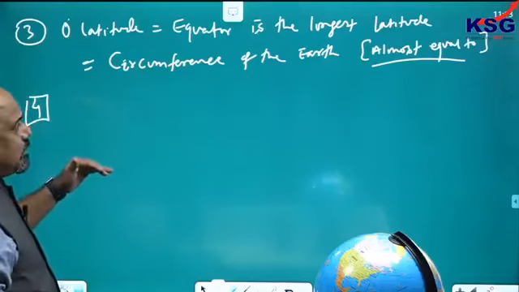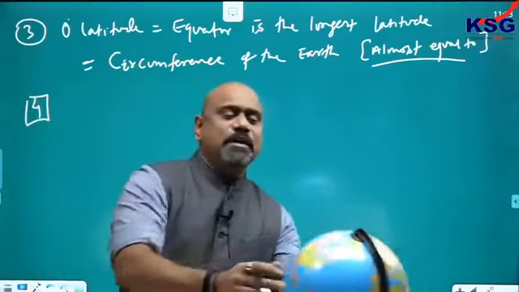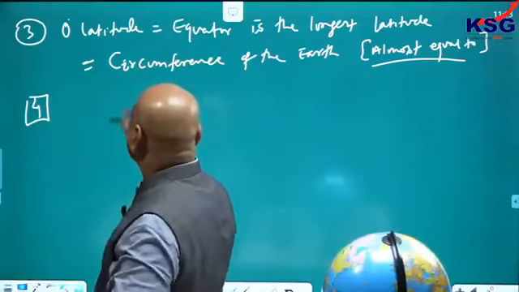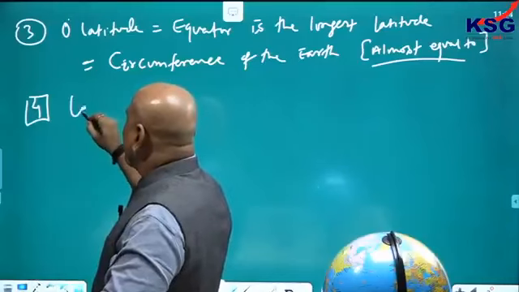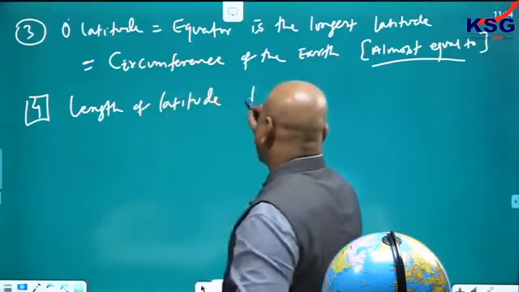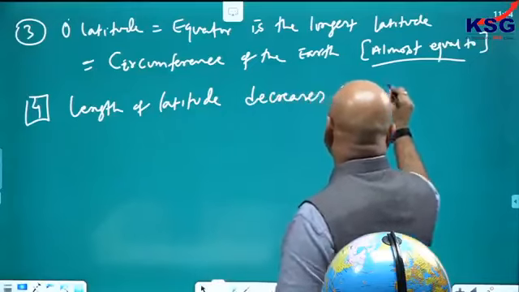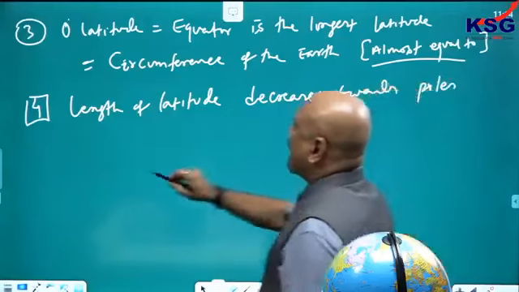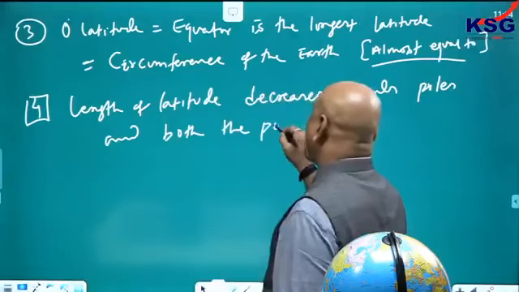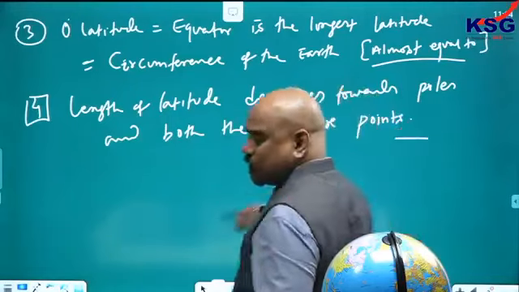As I just said, the length of the latitude decreases from the equator toward the poles, and finally the pole is a point. Both the poles are points here.